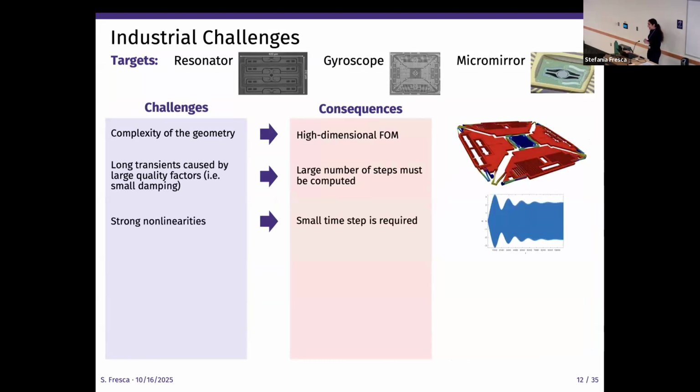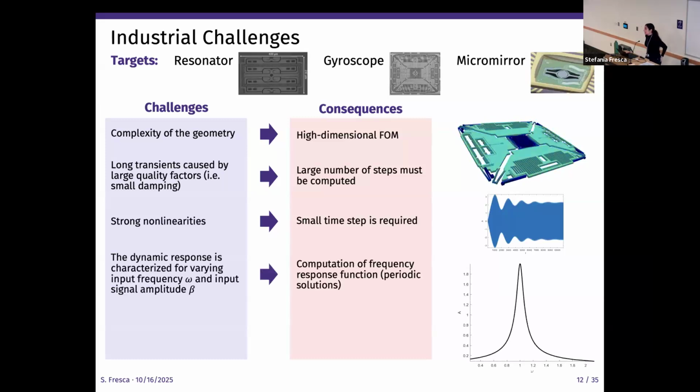They are characterized by large quality factors, which entail long transients, and this means that the system must be solved for a very high number of time instances before reaching the steady state, which is the interesting part. The presence of strong nonlinearities requires the use of a small time step size.